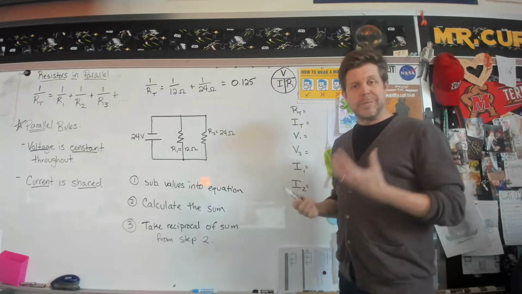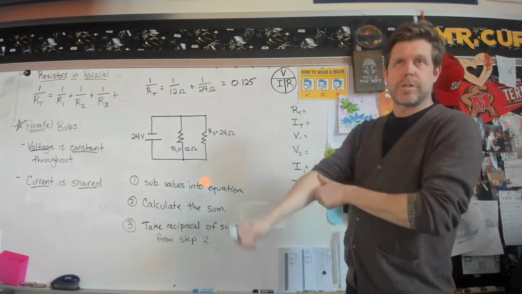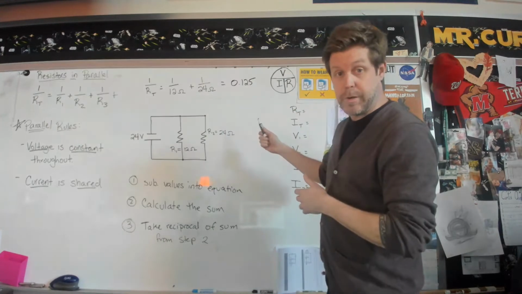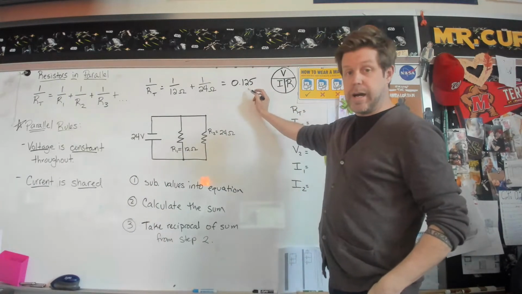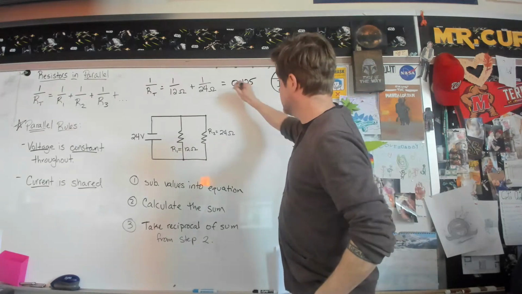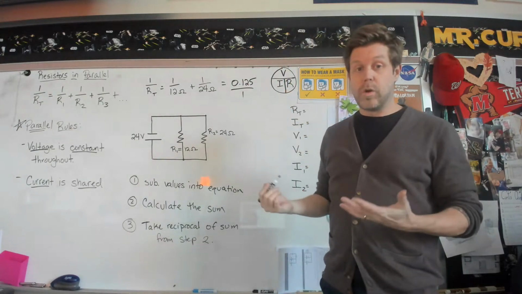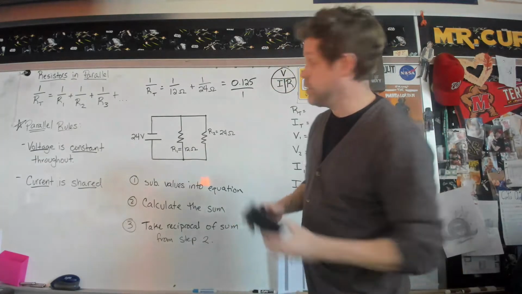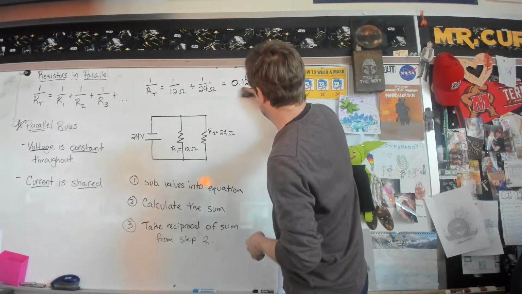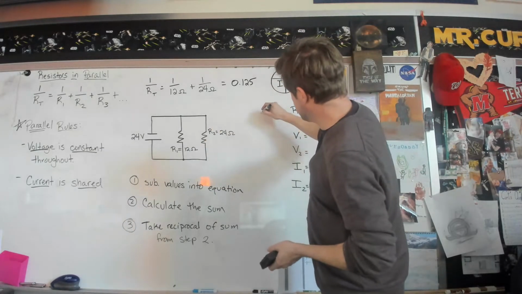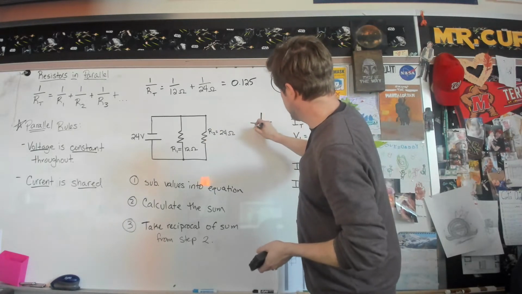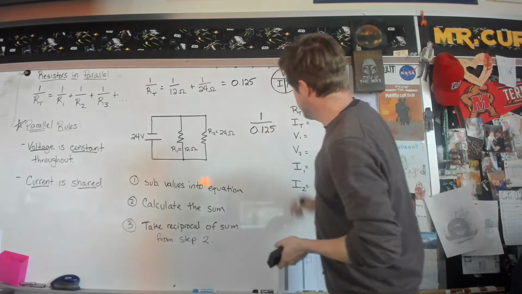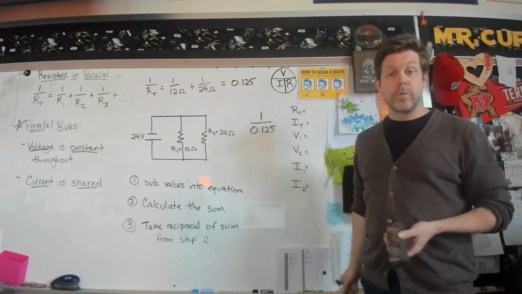Now, that might not seem super obvious because usually when we're talking about reciprocals, people think of a fraction and they're flipping it over. But remember, saying 0.125 is the same thing as saying 0.125 over 1. So what we do when you get your decimal answer, you want to take the reciprocal. You want to take 1 divided by 0.125.